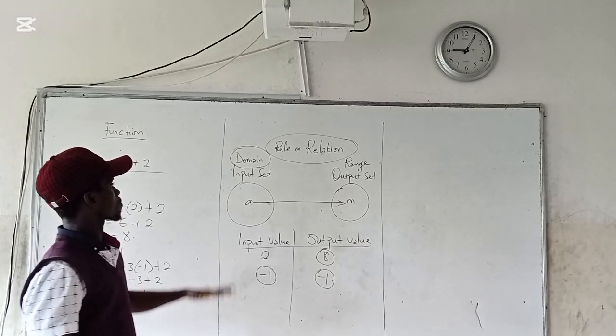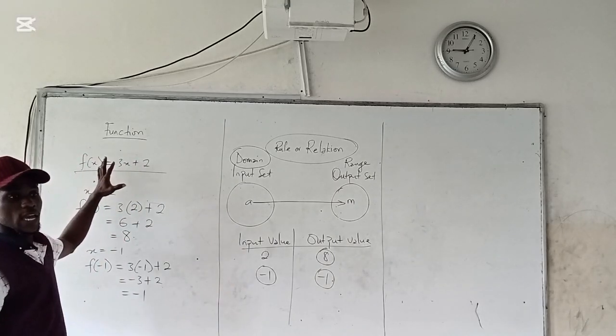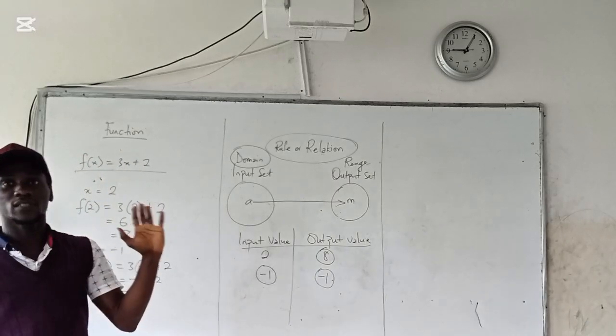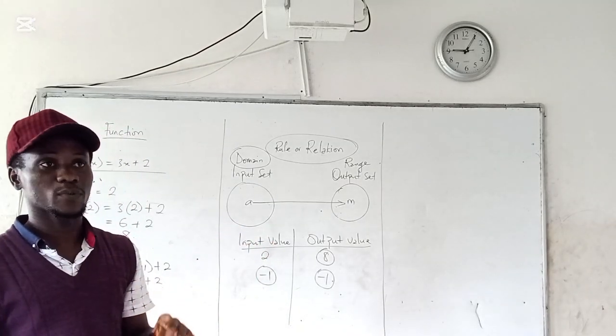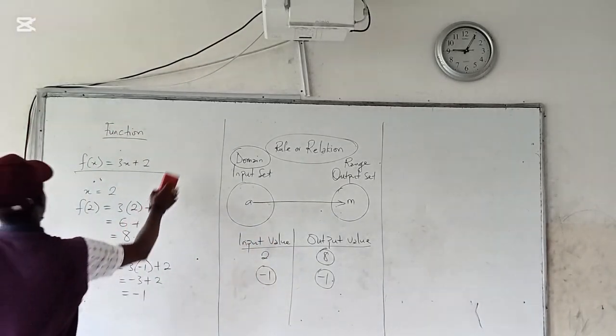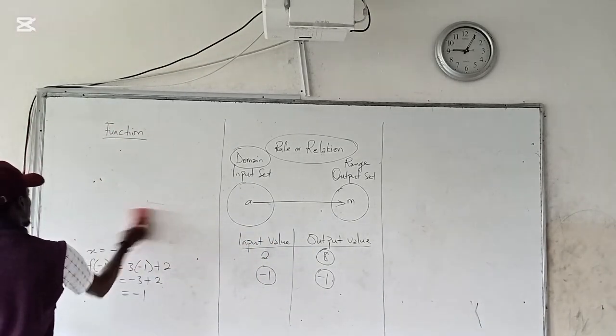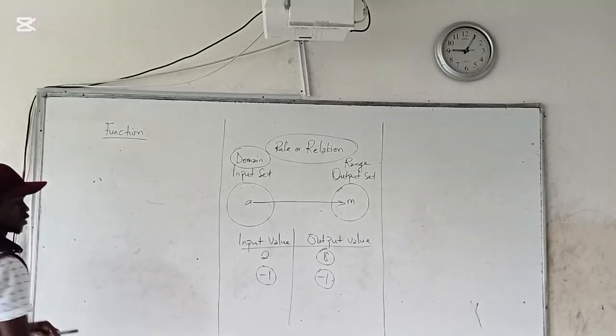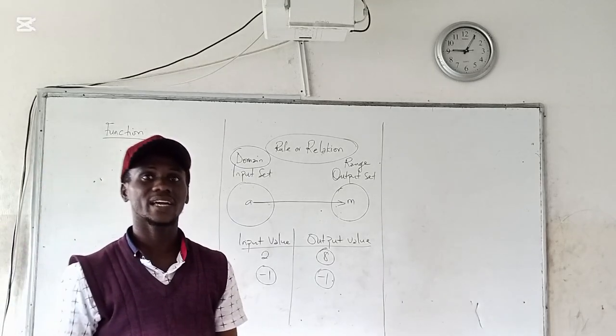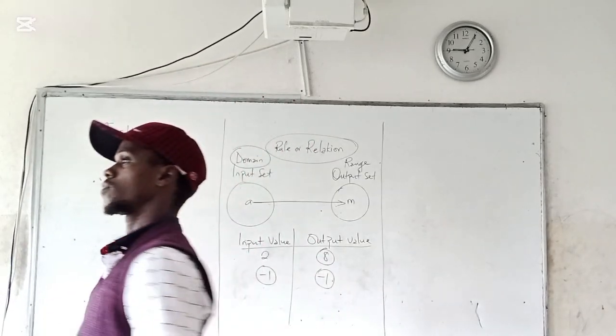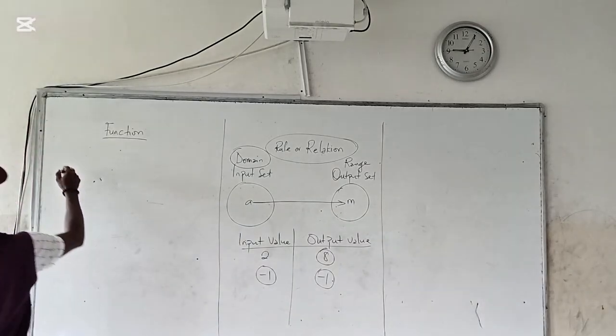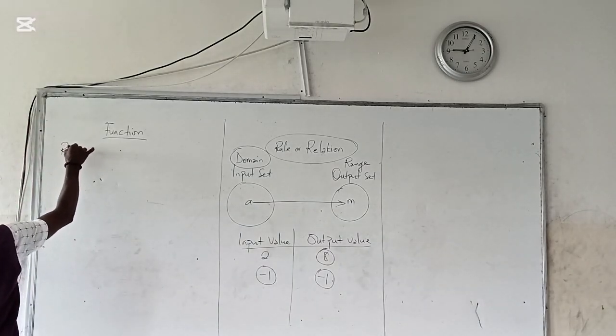Now, we want to look at how to represent functions. There are different ways of representing functions, by the way. One of the ways of representing functions is what we call a mapping diagram or arrow diagram.